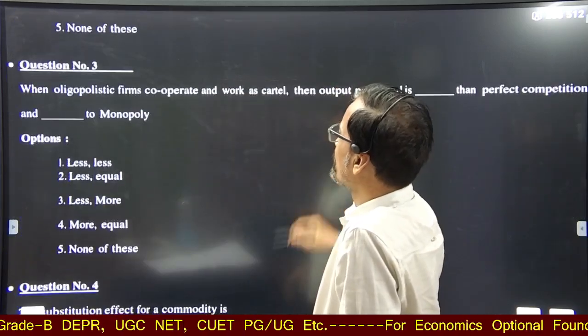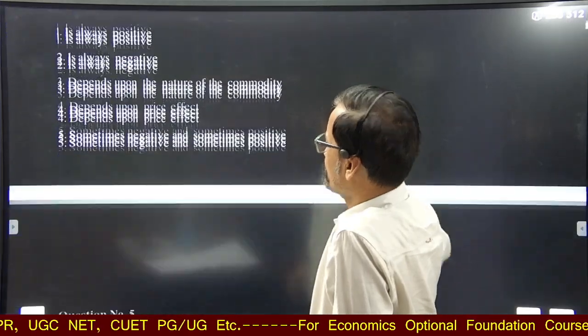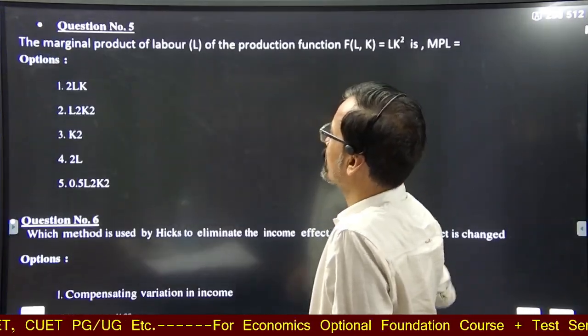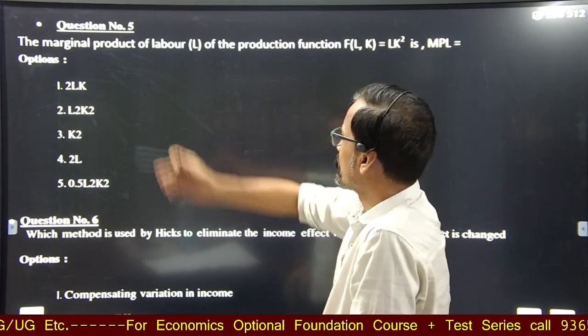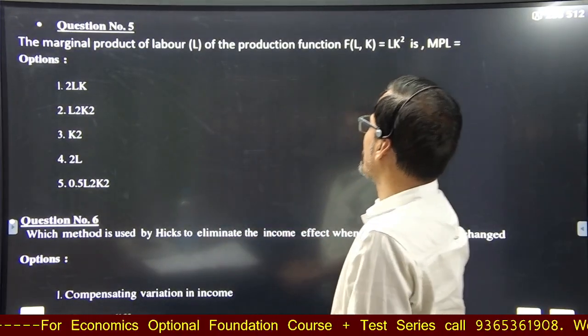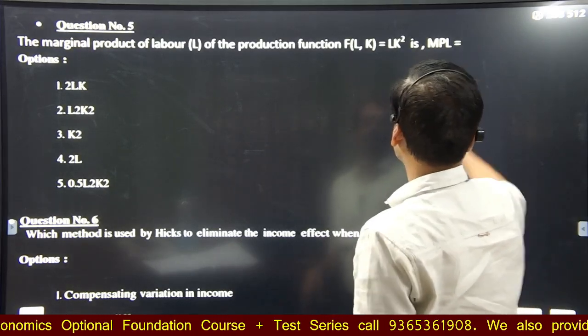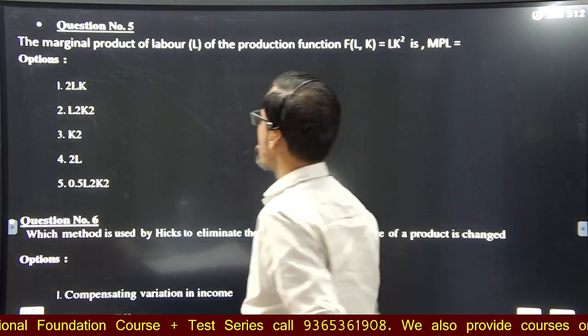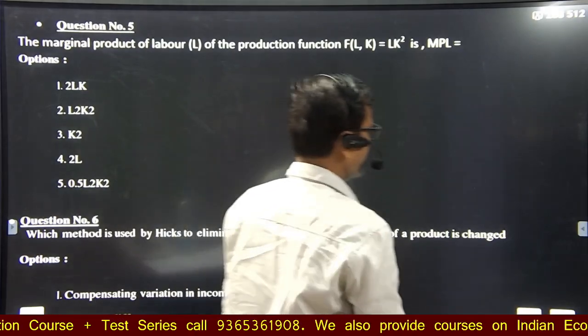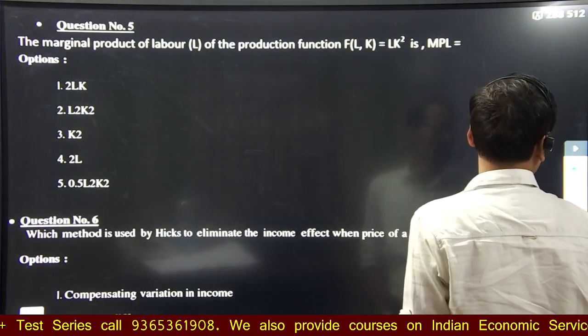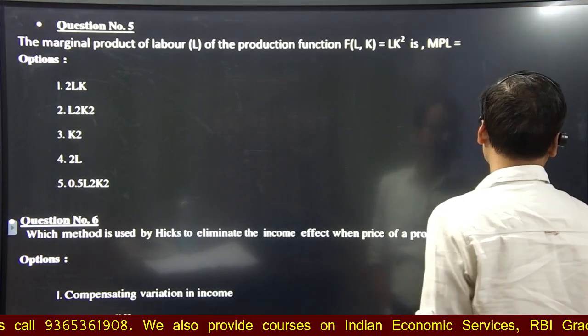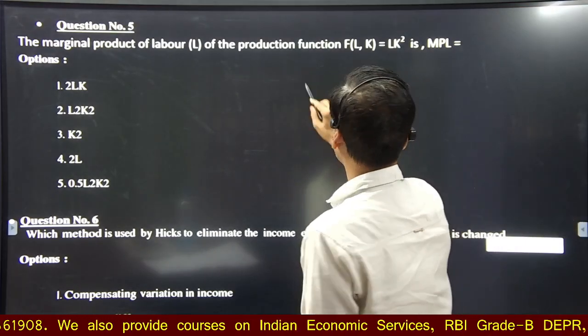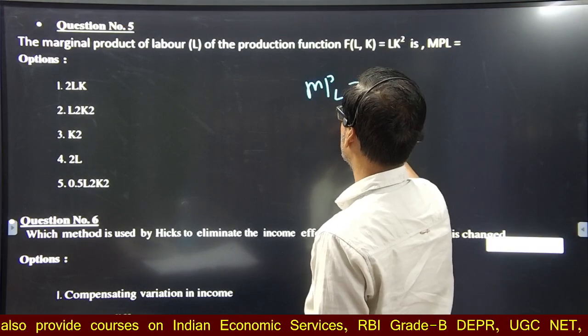Some numerical questions are also asked, like the marginal product of labor of a production function. We need to find the marginal productivity of labor. How can we find it?